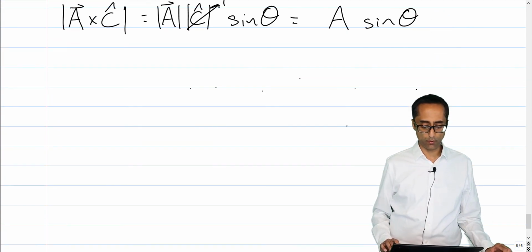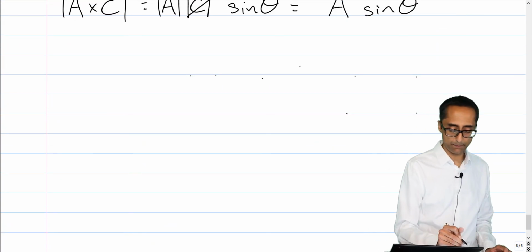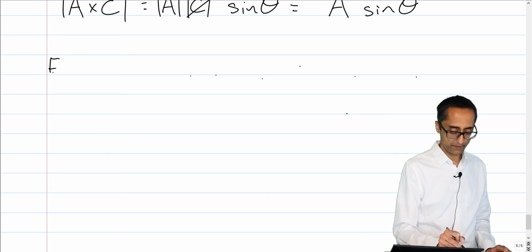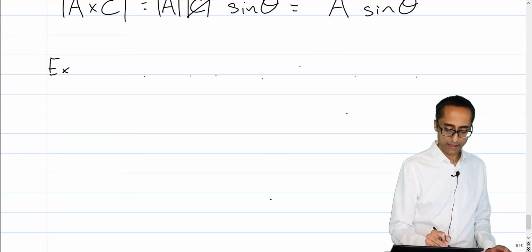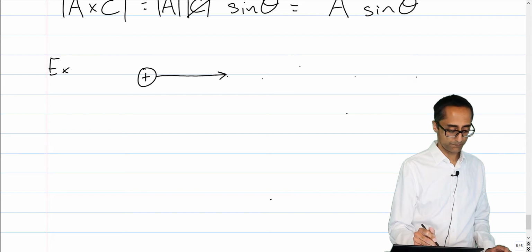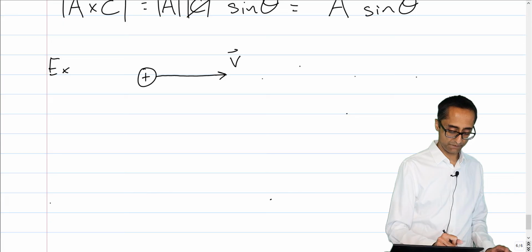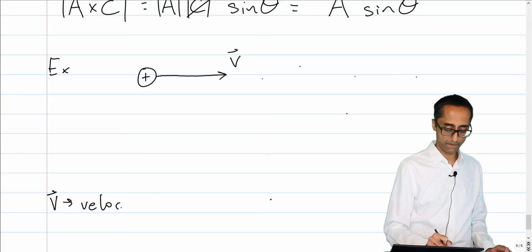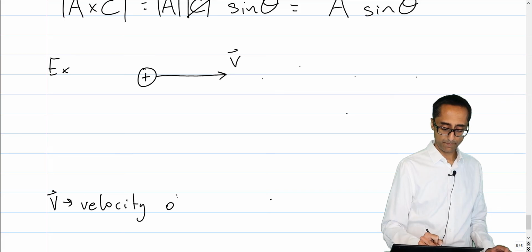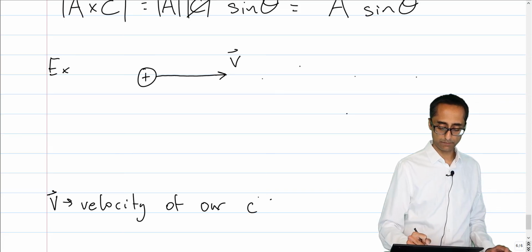And so as a quick example, if I had, let's say, a positive charge here, and it had a direction here, V, and since V is a new term here, let me just write this is the velocity of our charge.